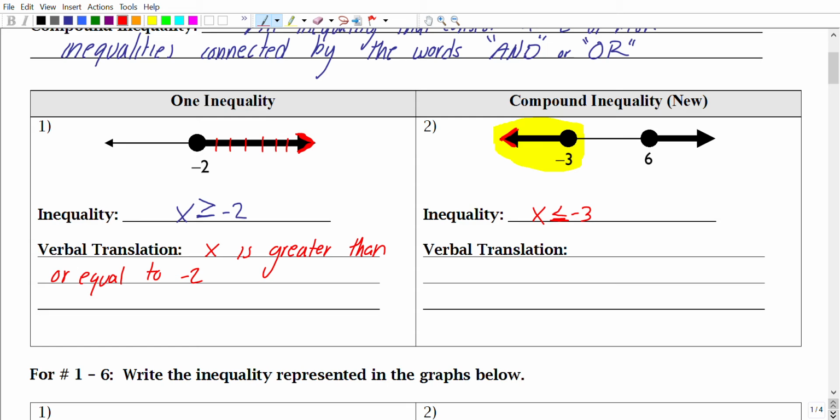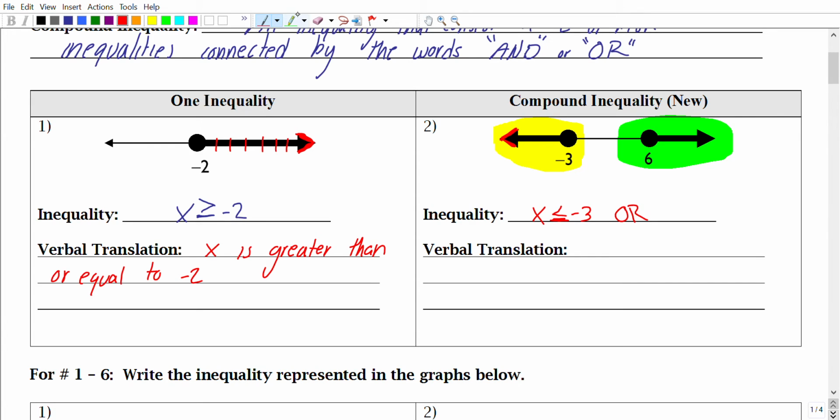So x is less than or equal to -3. Now, we're not done yet because, yes, all those are solutions, or I can have solutions on this side. Notice what I just did. I said "or." I can have solutions on the right-hand side, which would be what?